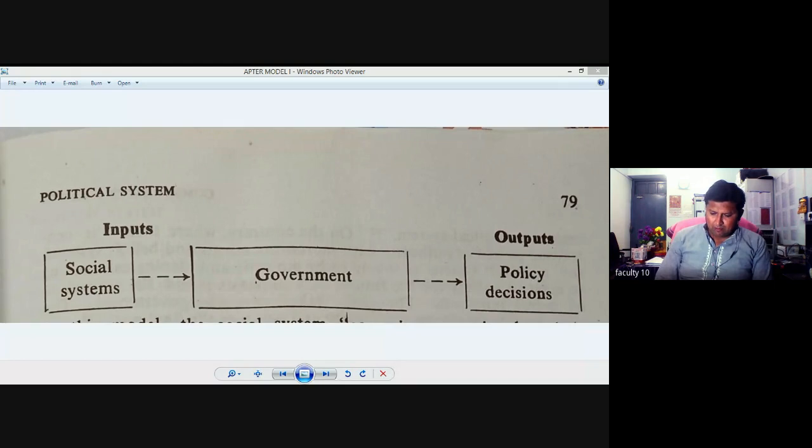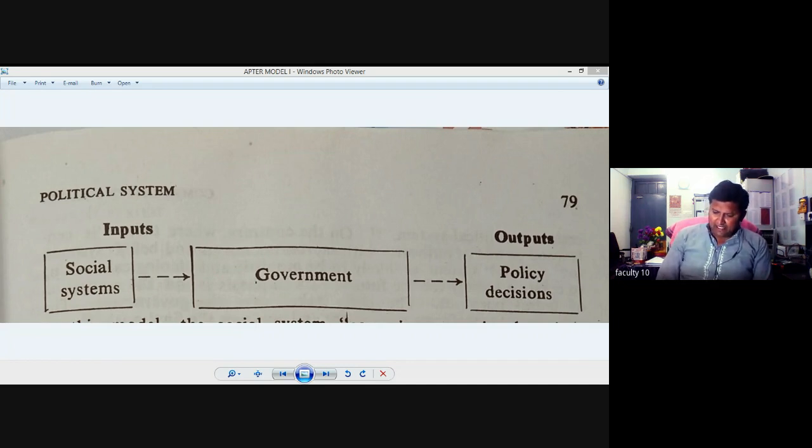So what is a democratic system? A democratic system responds to the crisis variable, right? I mean, a democratic system responds to the crisis of the society.